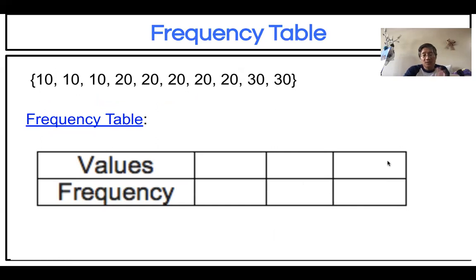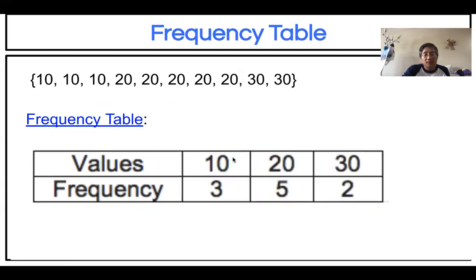It's the same thing, but this one looks more organized, right? 10, 20, 30, but how many times? 3 tens, 5 twenties, 2 thirties.